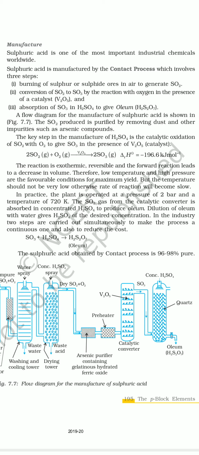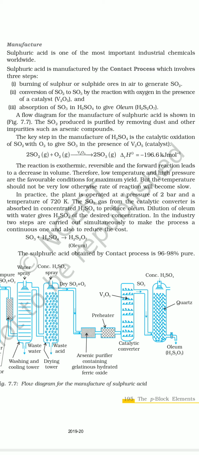Oleum is also one of the oxo acids of sulfur, whose formula is H2S2O7. Now this oleum we can dilute to get sulfuric acid of any desired concentration.